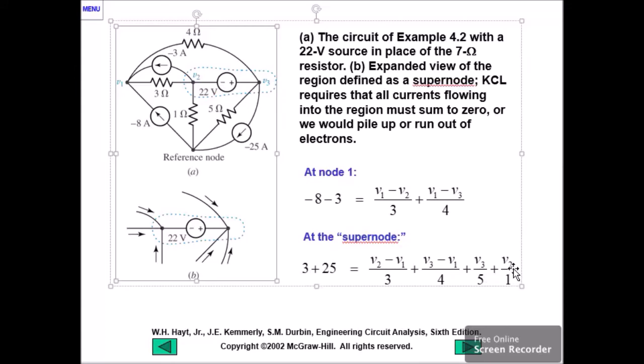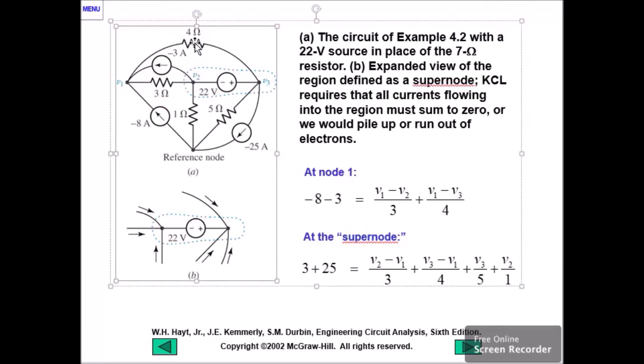Let's leave the current for later. Let's do this one first. On this resistor, this is leaving, so we have V2 minus V1 divided by 3.